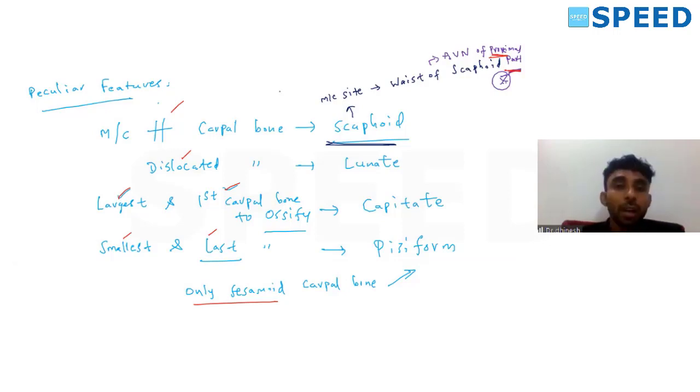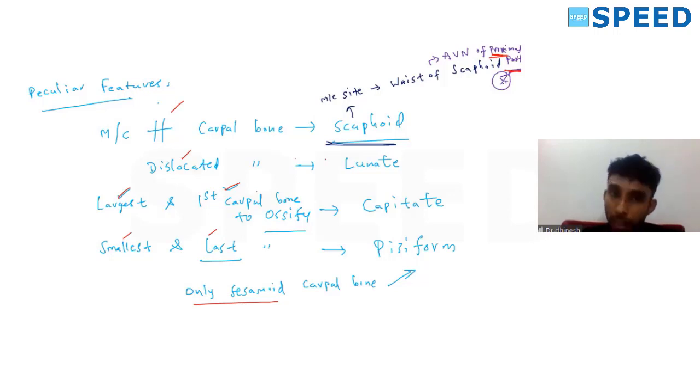Fine. Now, I told you the most commonly dislocated carpal bone is lunate. Okay. So, any idea about the clinical feature of dislocation of lunate bone? If there is lunate dislocation, what will be the clinical feature? It may lead to one clinical condition. You will know that because we already discussed it in the day before yesterday's session.